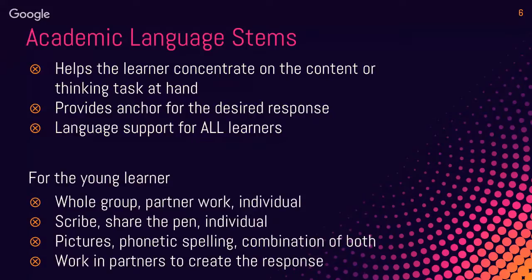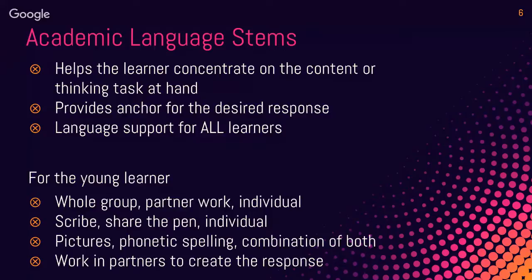For our very young learners, at the onset, keep in mind as we're walking through these strategies what's developmentally appropriate for each of your kids. A lot of times we think that these strategies can't be done in the pre-K or K classroom, but in actuality, if we think about where they are in either their writing stages or their speaking stages, we modify these strategies so that it fits their needs.